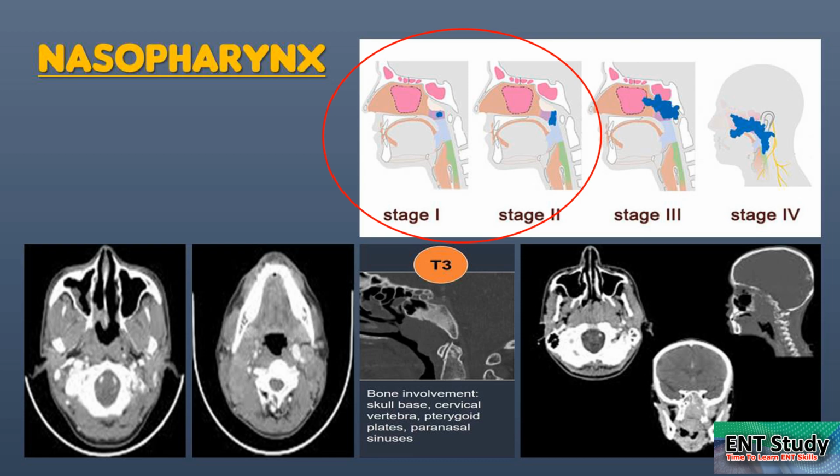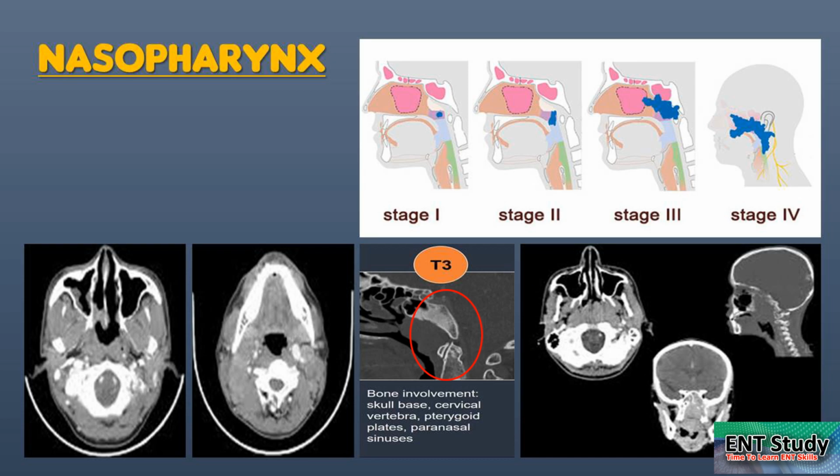Stage 1 is limited to the organ of origin, just limited to the submucosa. When it starts going into the adjacent fat, when it starts eroding the adjacent areas, that is stage 2, more than one area becoming involved. When it starts eroding the bone, it becomes T3, like here. This is bone erosion.